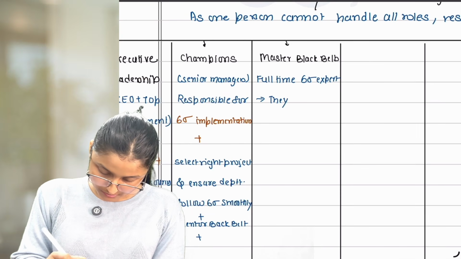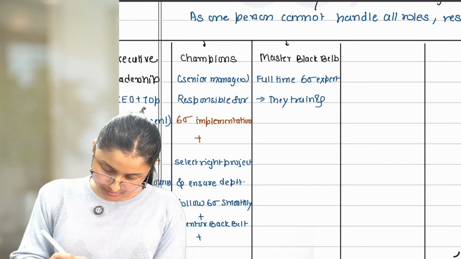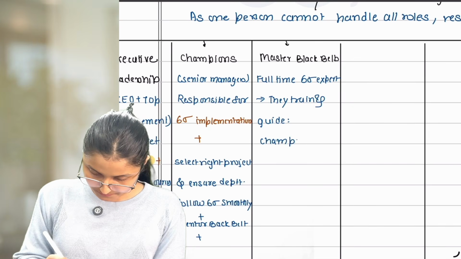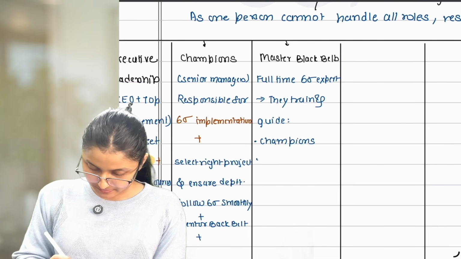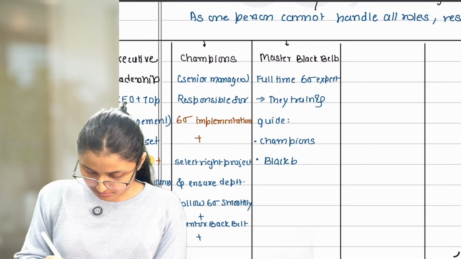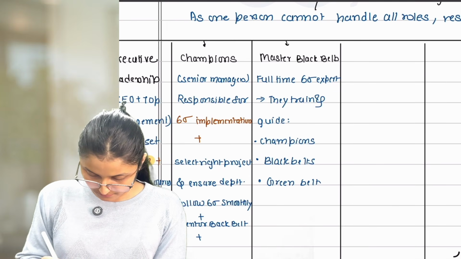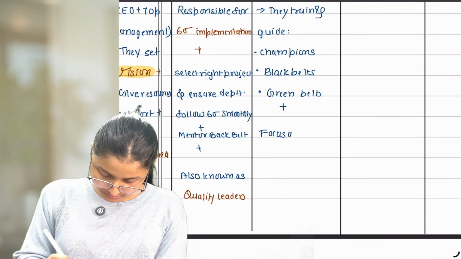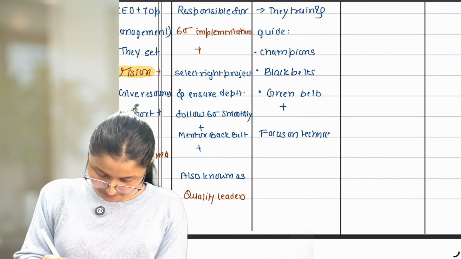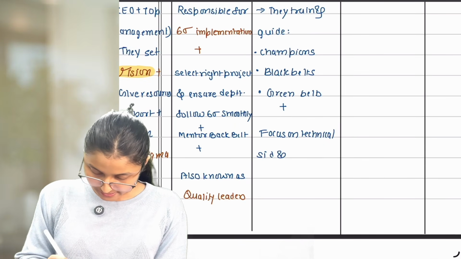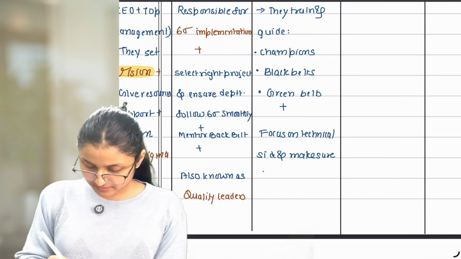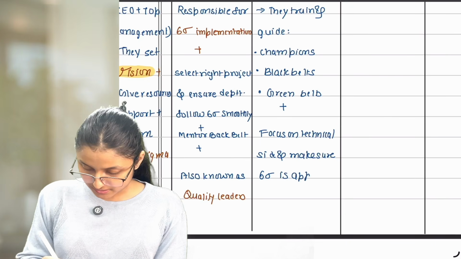They train and guide champions, black belts and green belts. Plus, they focus on the technical side and make sure Six Sigma is applied correctly.